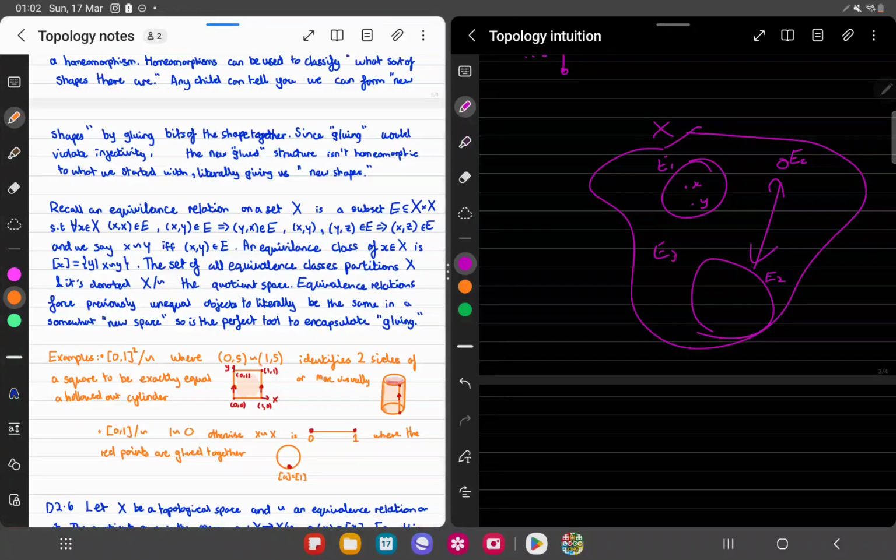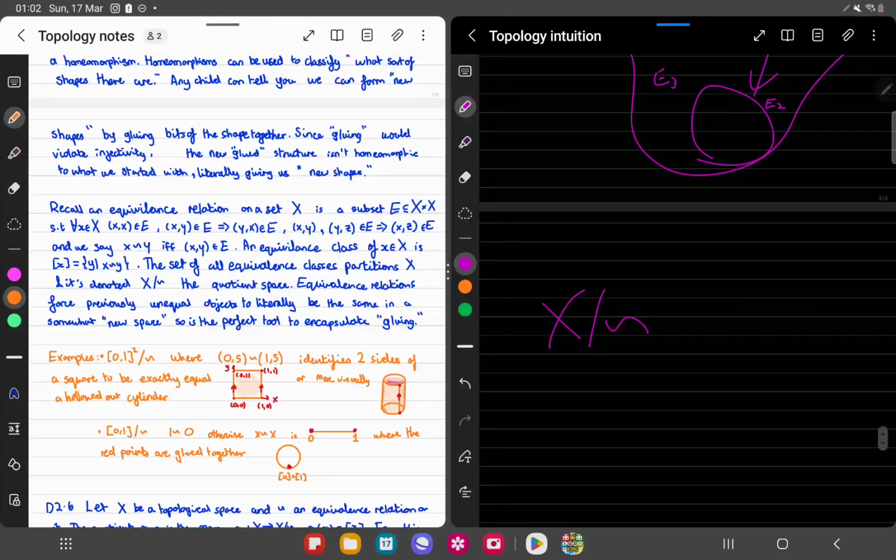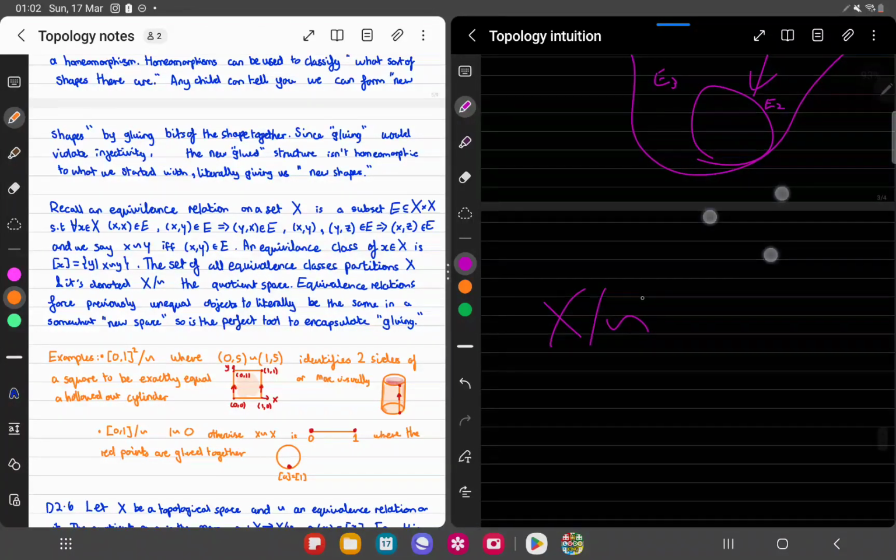This object, X, is going to be used a lot. This is our equivalence relation, and that's our original space. This is the quotient space, and it's the set of all equivalence classes that we have. Okay.